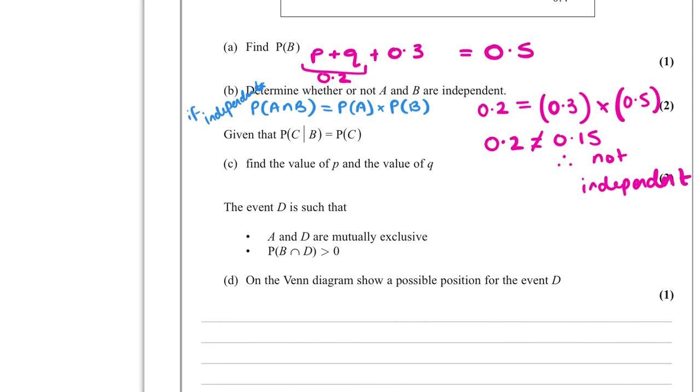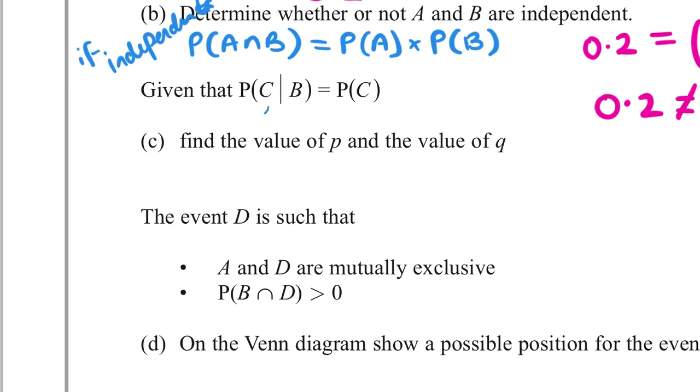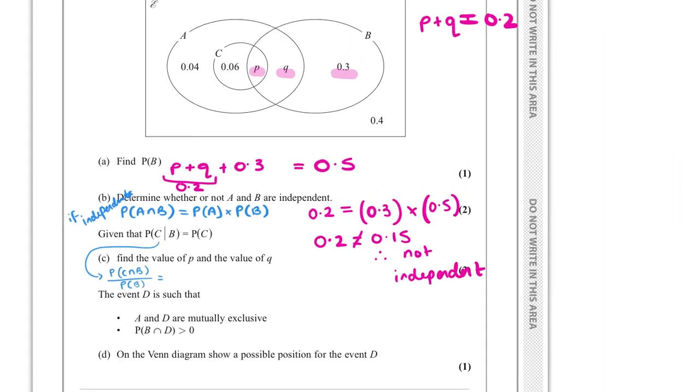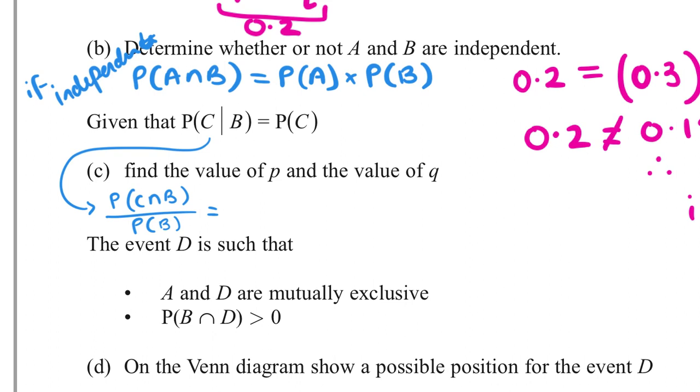What is the probability of C given B? This is the same as saying the probability of C intersection B over the probability of B. What is the probability of C intersection B? P. What is the probability of B? 0.5. Now they're saying that this should equal the probability of C.